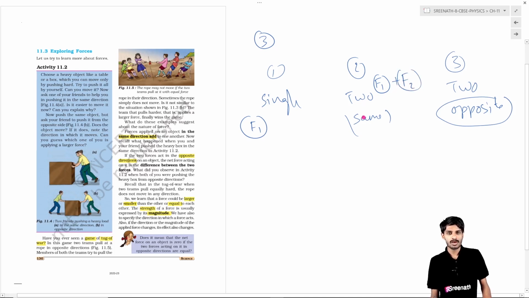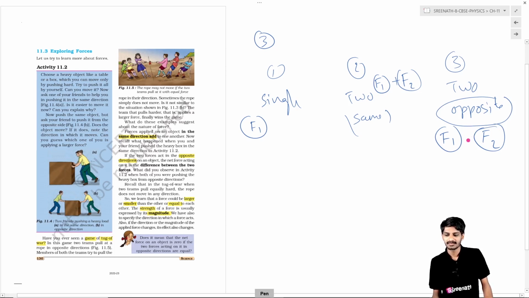These two boys try to move that box in the same direction. So what happened? It moved. In the third case, two boys are trying to move the box, but it does not move. F1 is the force applied by the first boy. F2 is the force applied by the second boy. It does not move.